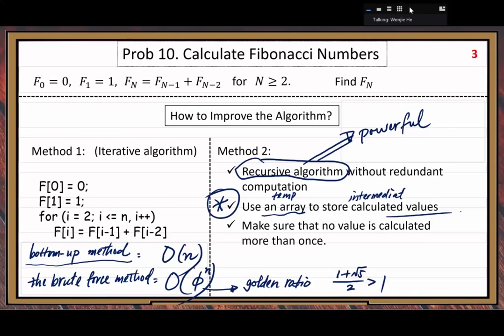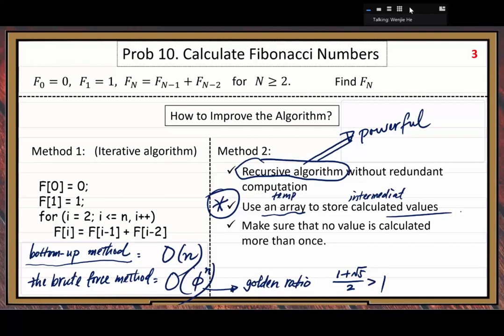If they are available, then no further calculation. If available, retrieve from the temporary storage. So you never need to calculate the same Fibonacci number more than once.